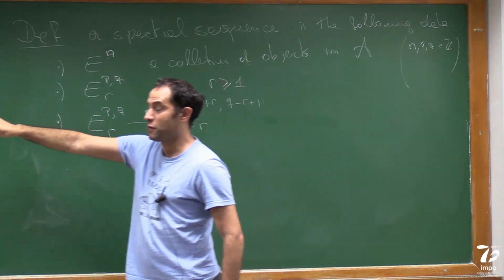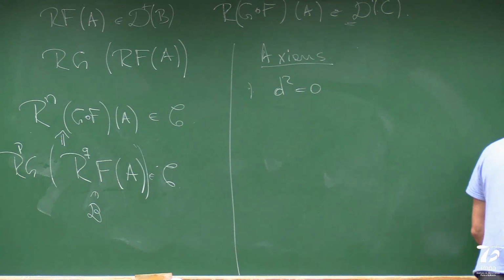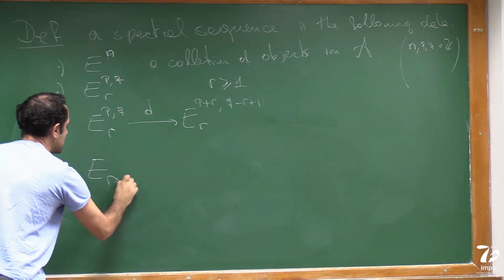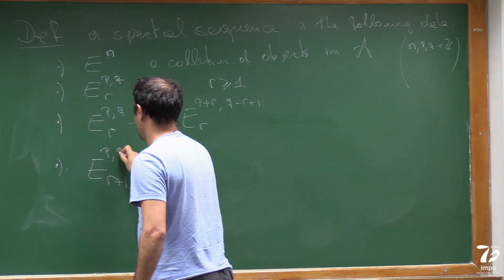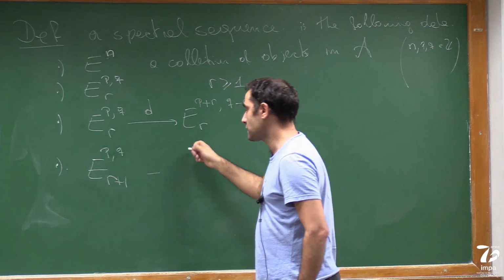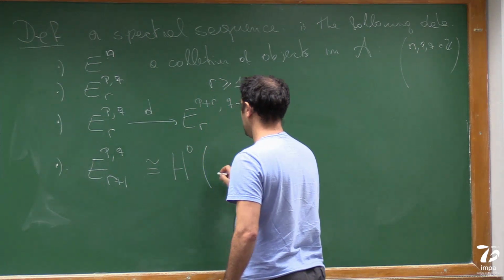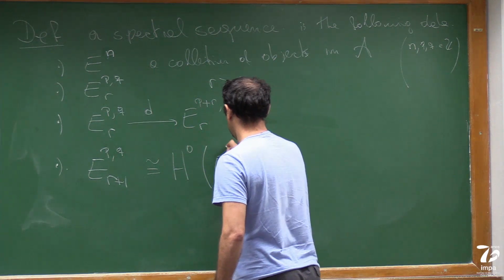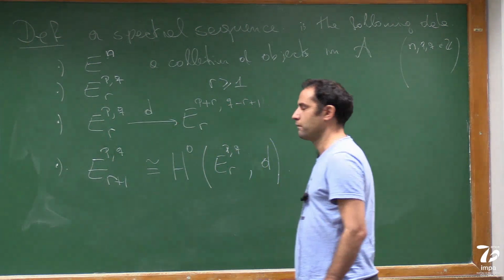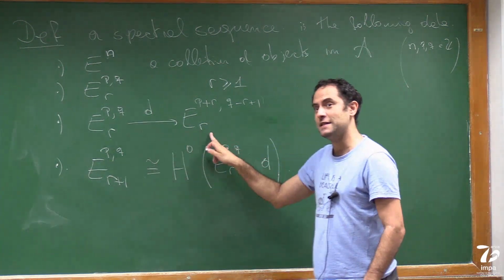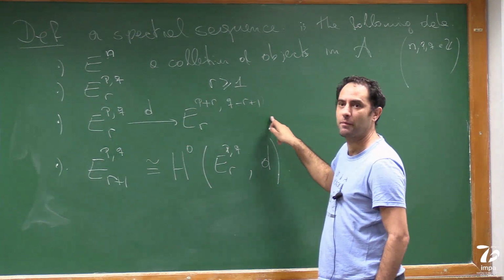And once I know that because of this axiom those are complexes, now I want an isomorphism between E_{r+1}^{p,q} and the homology of this complex. Namely, the kernel of this d modulo the image of the d that comes from (p-r, q+r-1).